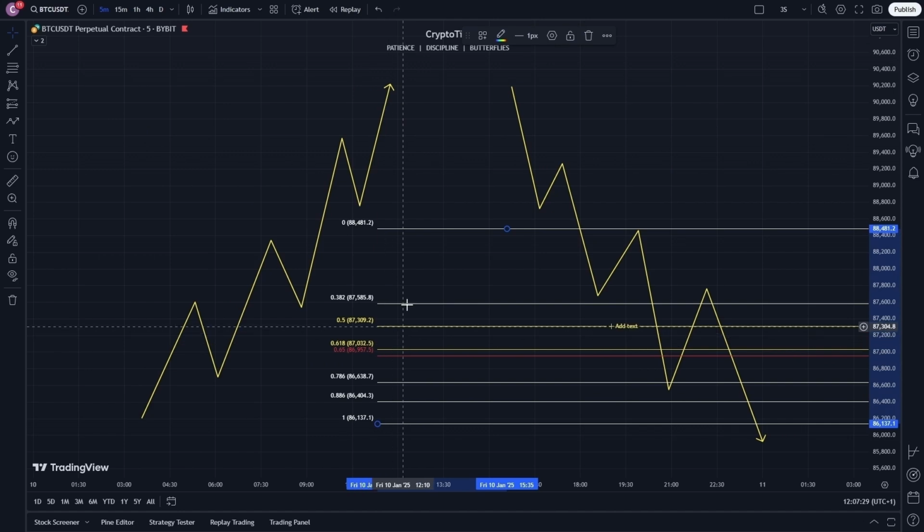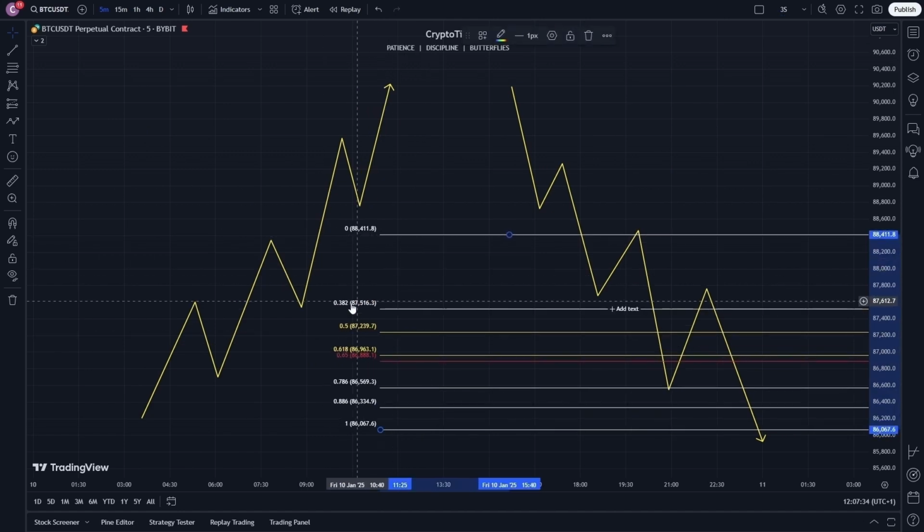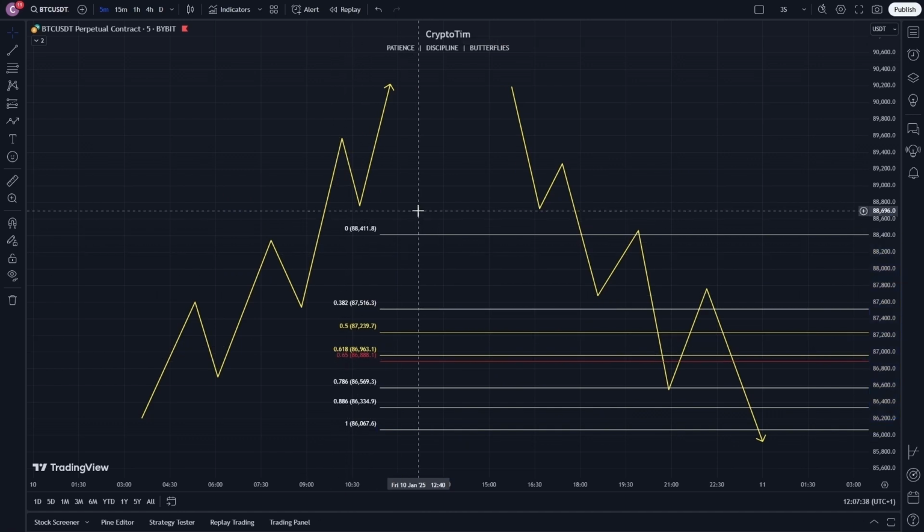So now, how do we use these? Or maybe first I will say when to expect prices to bounce off which levels, which might be more interesting to look at first. We have these three zones, 382, 0.5, and 618. These are the three big zones in our Fibonacci retracement.